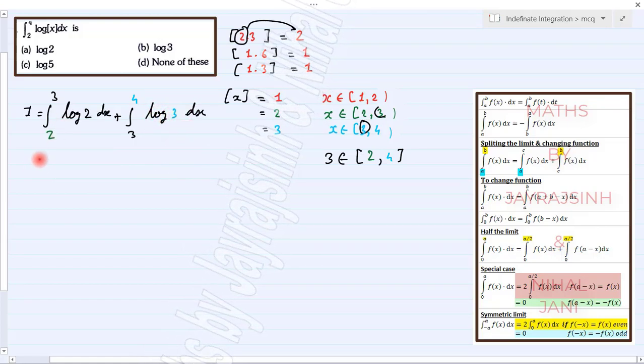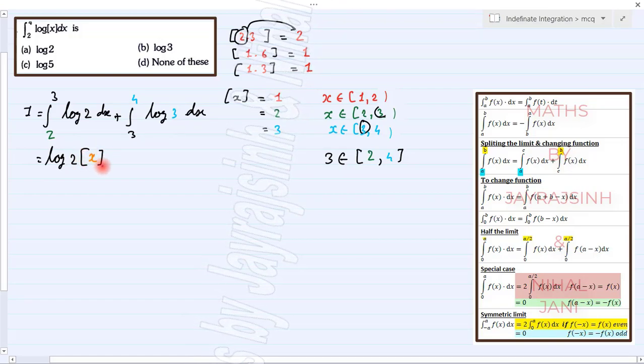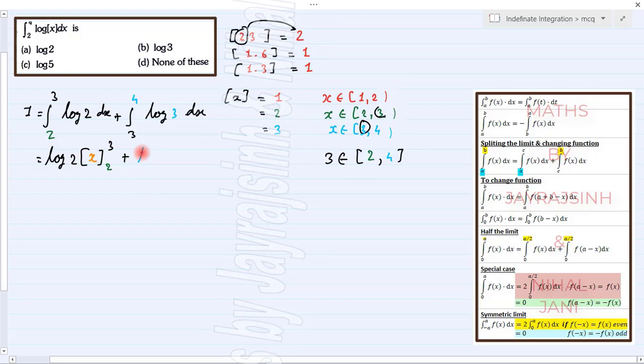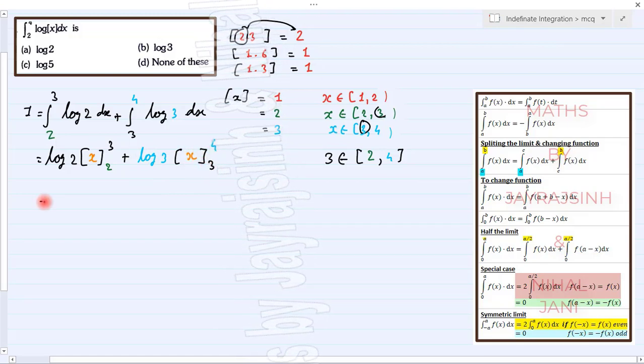So we are ready for integration. Your log 2 is a constant term. Its integration will be simply x. Limit is from 2 to 3. Similarly, log 3 is also constant. Its integration will be again x. Limit is from 3 to 4.